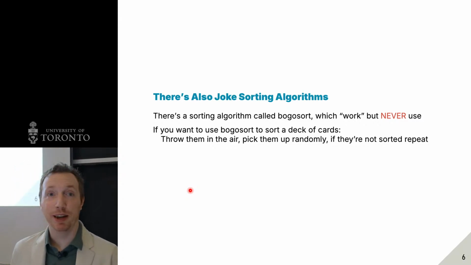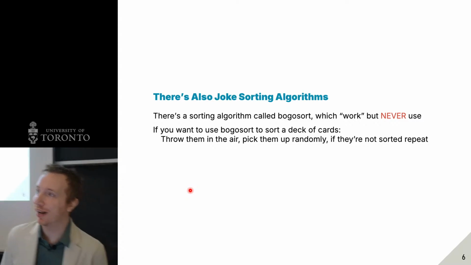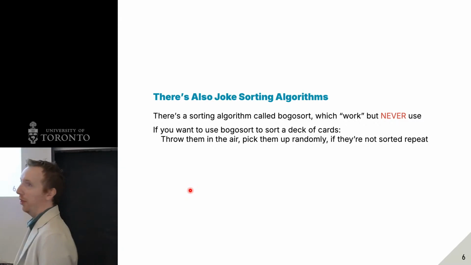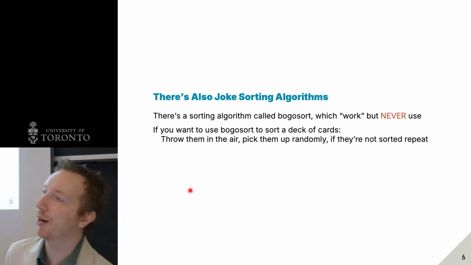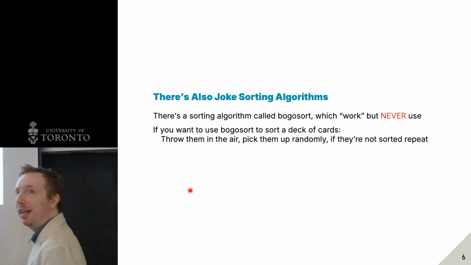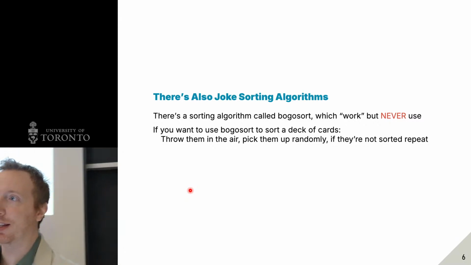So technically, it works, right? It only ends that loop when they're sorted. The time complexity, though, or how long it might take you, is a bit sketchy, to say the least.